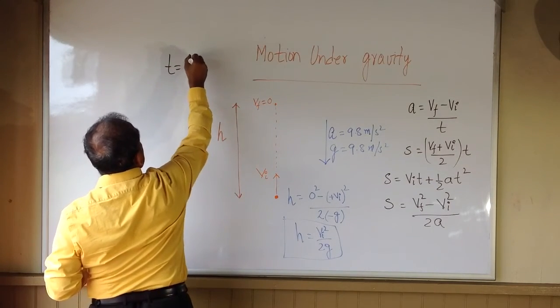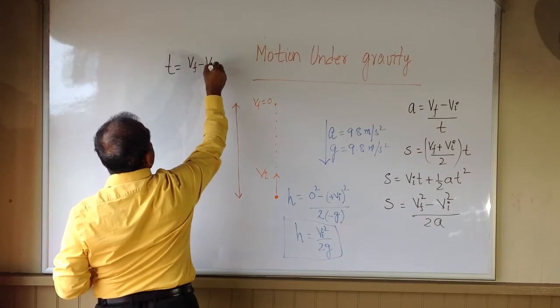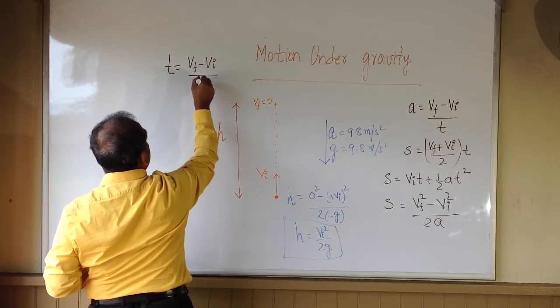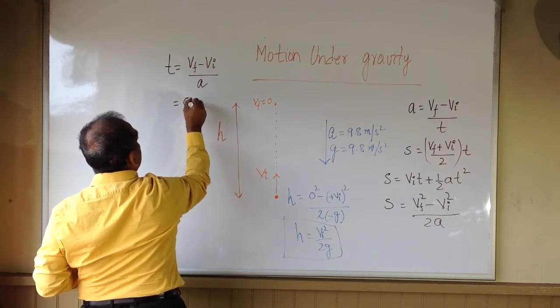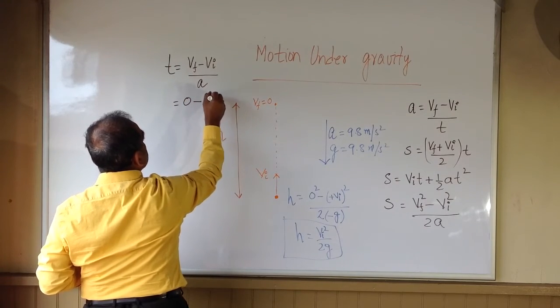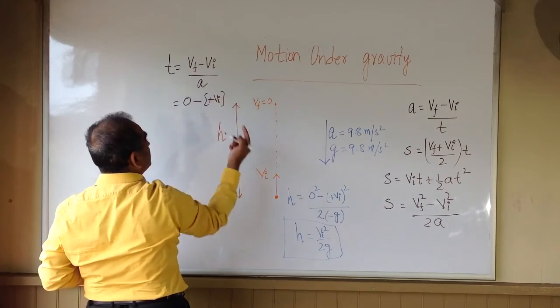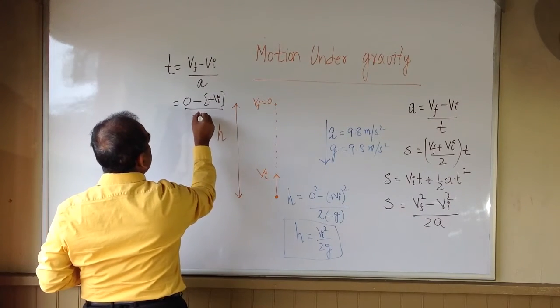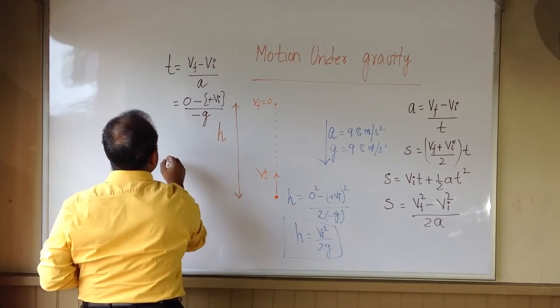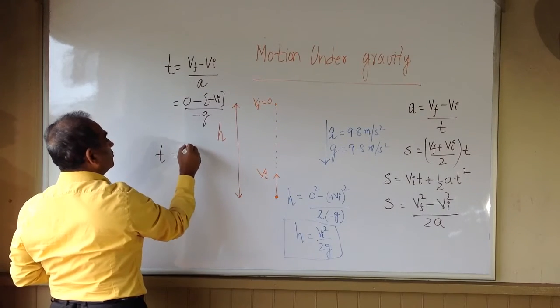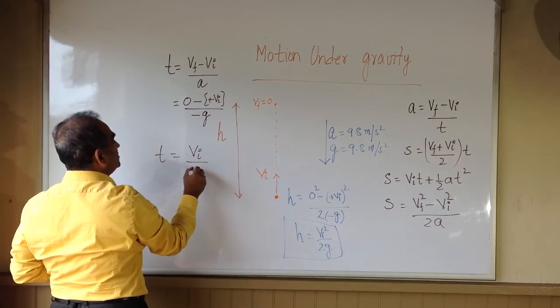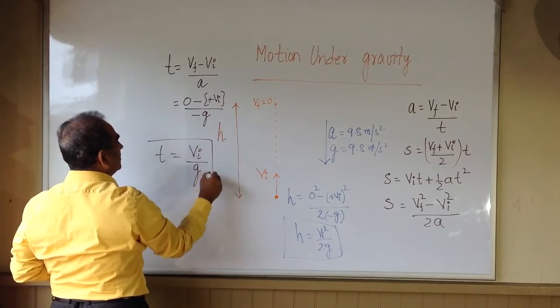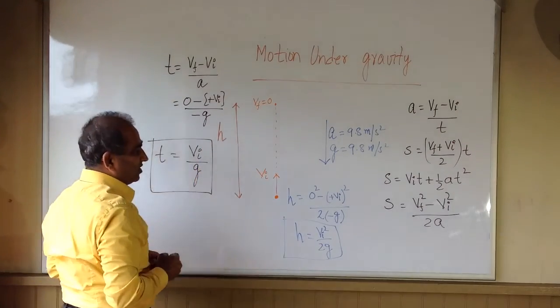T equals V final minus V initial over A, which is equal to 0 minus plus Vi, because upwards is positive and downwards is negative, over minus g, which gives me time t is equal to Vi over g. This is the time equation.